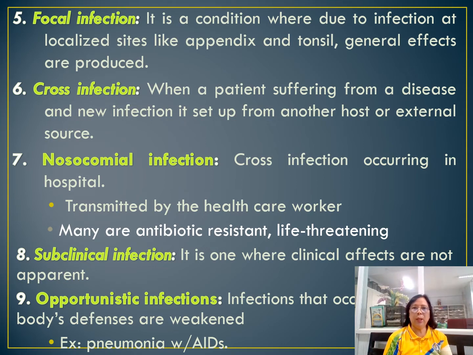For focal infection, it is a condition where the infection is at localized sites, like the appendix or tonsil. So there is a focus. There is a certain part of the body that is only infected.